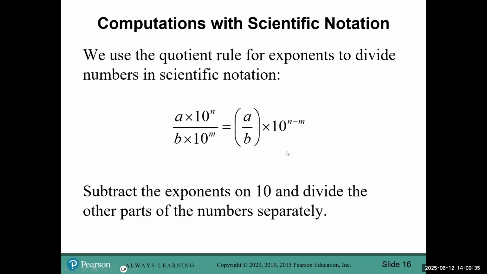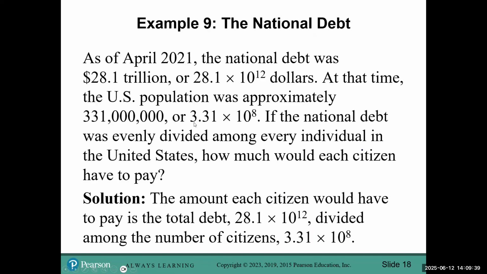Oh, and we can do division. Okay, same thing. Where's my example? Here. Okay, yeah. I want to do an example of one where I have something like 4.52 times 10 to the ninth times 7.213 times 10 to the fifth.